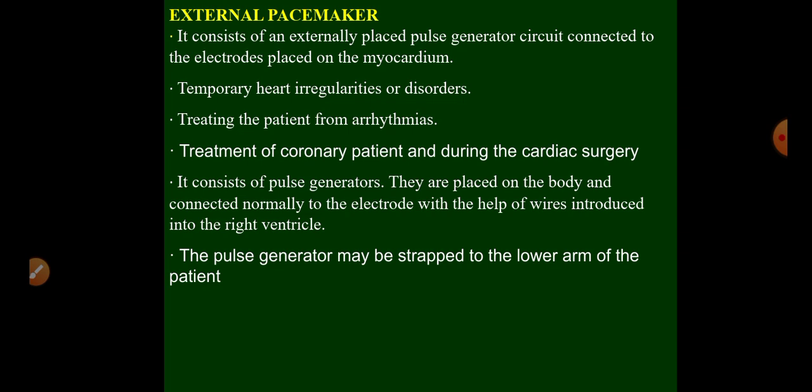The pulse generator is placed on the body and connected normally to the electrode with the help of wires introduced into the right ventricle, and the pulse generator may be strapped to the lower arm of the patient, right?